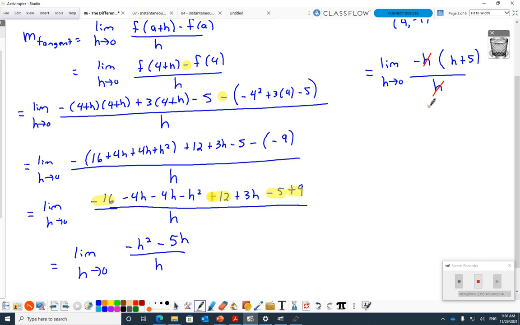And this thing is heading towards 5, not 5.1, not 5.01, nothing like that, actually towards the number 5. Question?